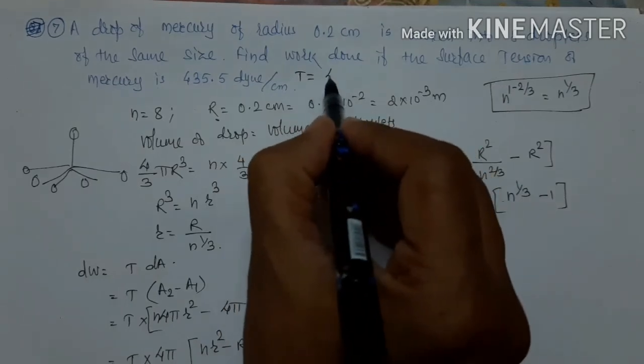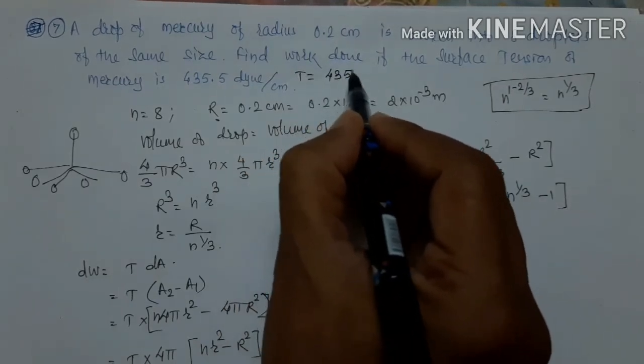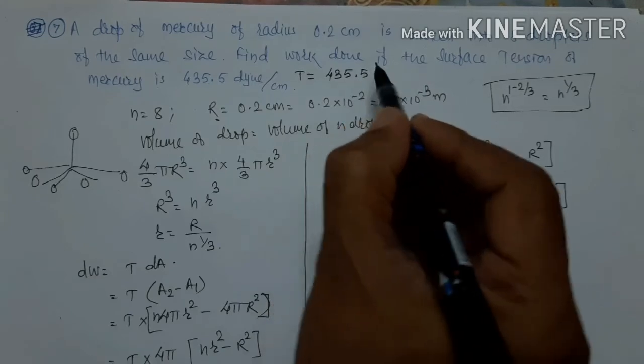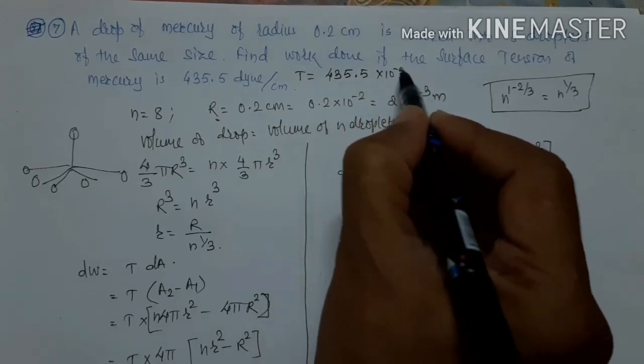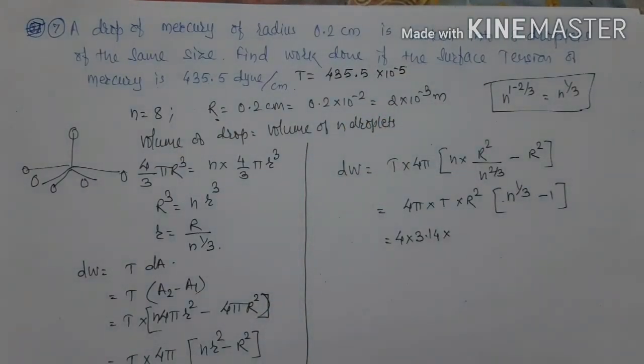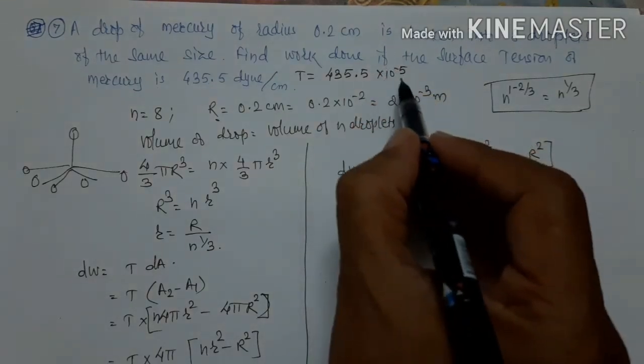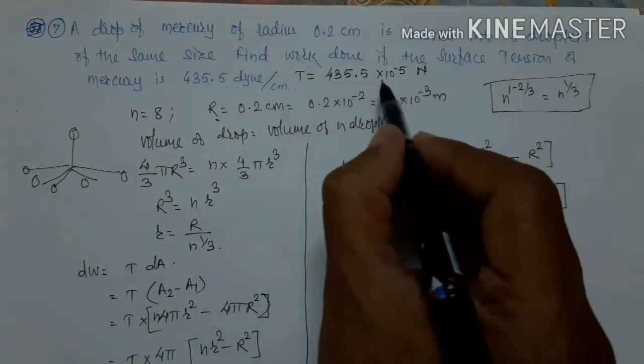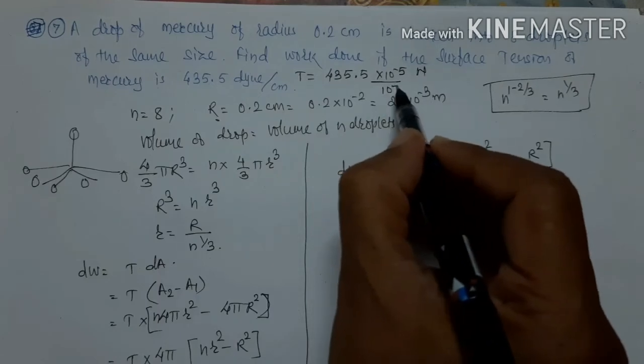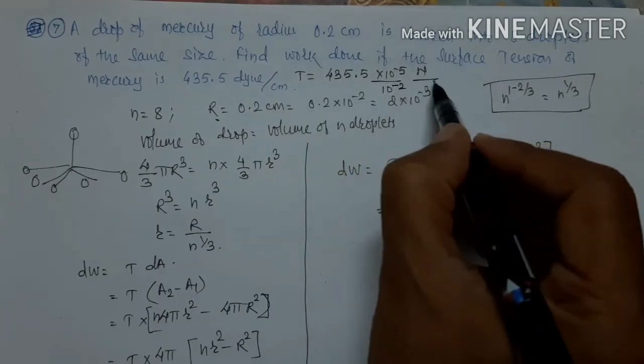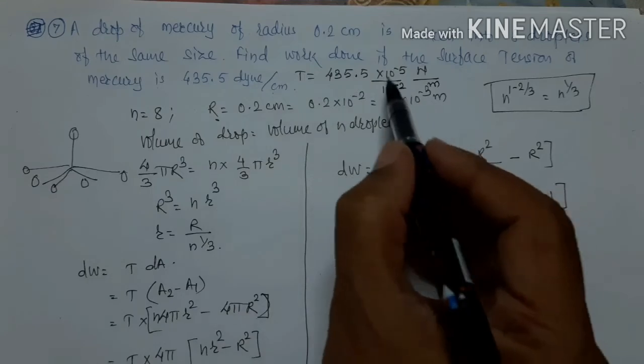Capital T is equal to 435.5 into 10 to the power minus 5 (dyne converted into Newton) divided by 10 to the power minus 2 (centimeter converted into meter).